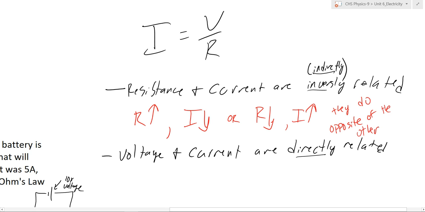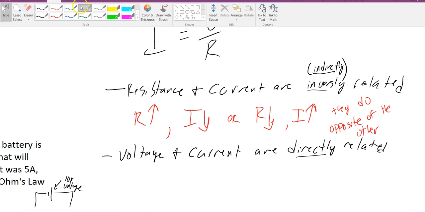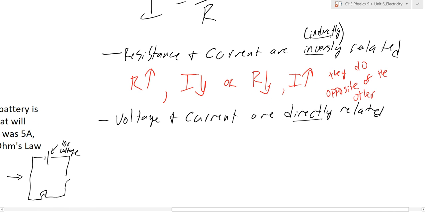And for the direct one, you've probably already guessed it. If they're directly related, that means they do the same thing. So if voltage goes up, then current also goes up. Or if voltage goes down, then current also goes down.